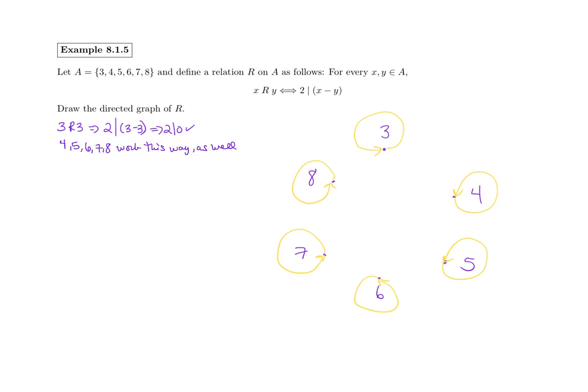Now comes the fun part. If you'll remember back to an earlier example, we actually did m minus n being divisible by 2. And we said when they had the same parity, their difference was even. So the same thing ends up holding here, right? If I wanted to find out if 3 was related to 4, 5, 6, 7, and 8, let's just do this with 3.